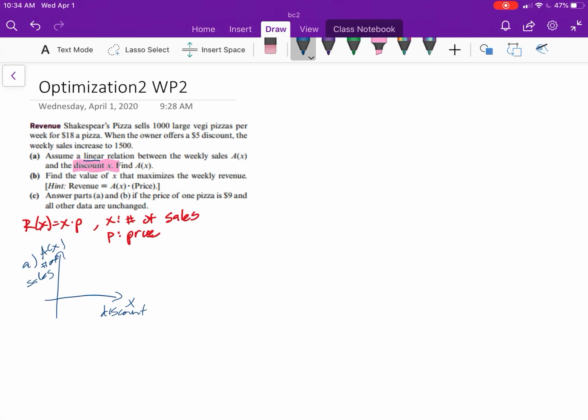Well, with more discount, a function could increase exponentially, right? If I offer $0 discount, I'd still sell pizza, but the higher the discount, the more I'd sell. But in this case, it's saying it's linear. Now, why is it doing that? Because we could look at it, right?